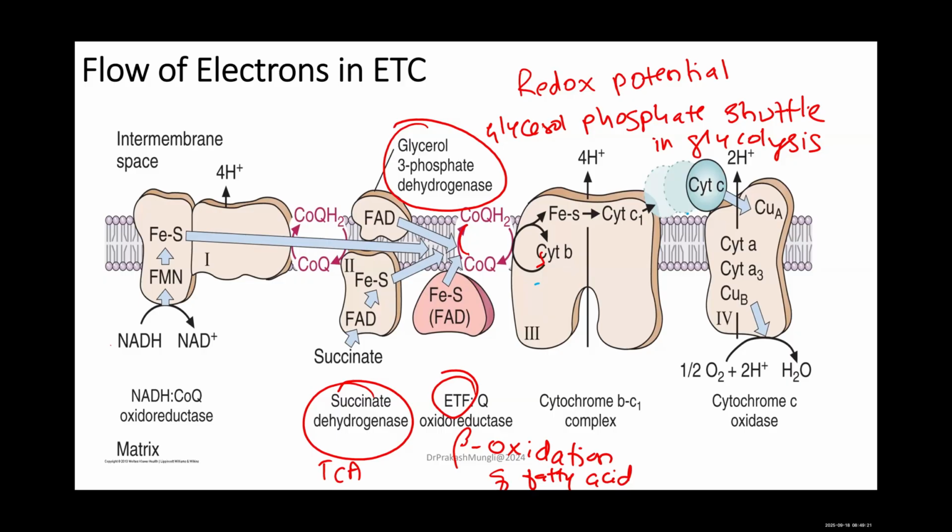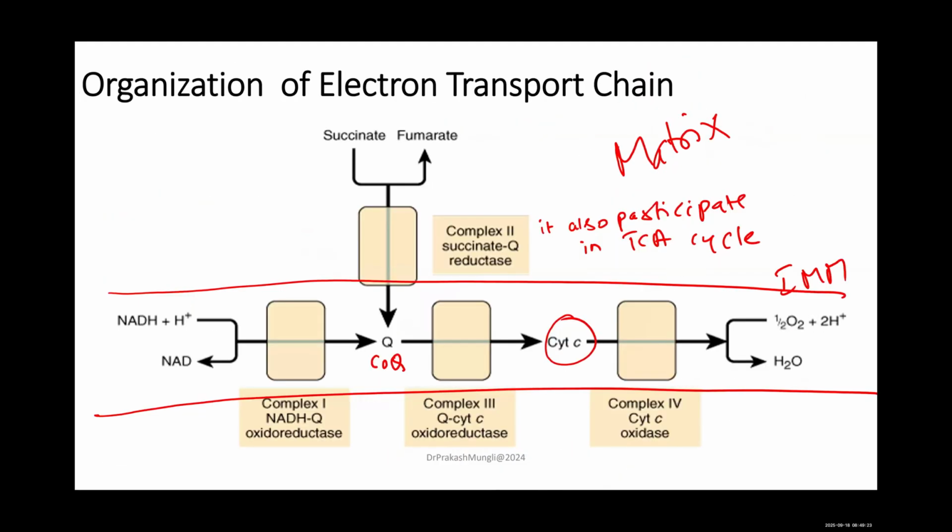Otherwise, if I go back to this figure and keep it simple, let's use this complex 2, succinate dehydrogenase. FADH2 is entering here and donating protons here, H2 given here, and they simply go to complex 3 from here, and then cytochrome C, complex 4, and then the oxygen atom. It just flows that way. That means your FADH2 always enters into complex 2.